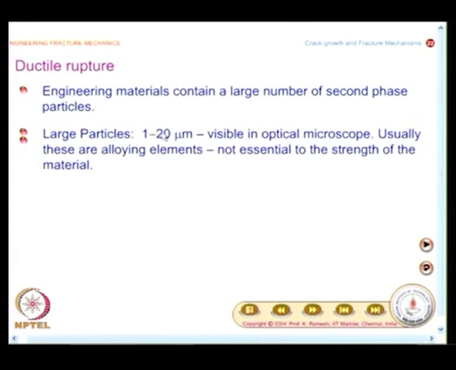Unless you go into how alloying is done and what kind of issues, you will not be able to appreciate this, and recognizing the kind of various particles helps you to understand what are the processes by which ductile rupture takes place. So, you could have large particles which are of size 1 to 20 micrometers.